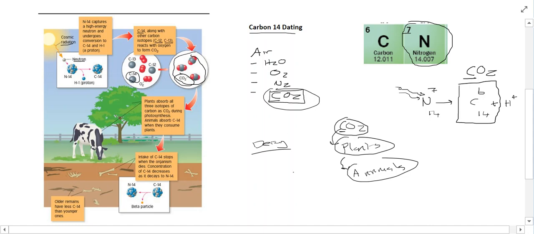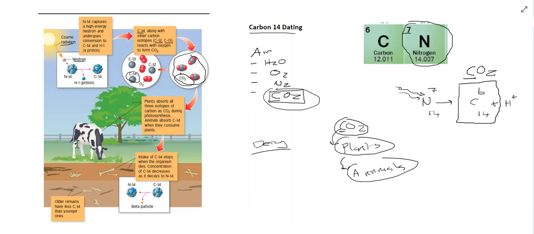Now basically what's going to happen is that the ratio of carbon 14 in the alive plant or the alive animal is going to be very similar to the ratio of carbon 14 that's in the air. So as we see here, we have a tree and, for example, a cow.